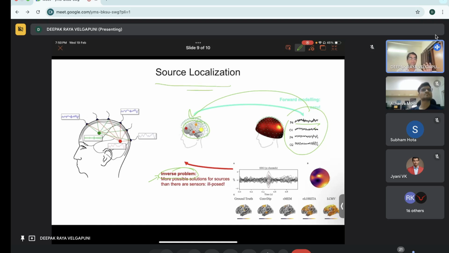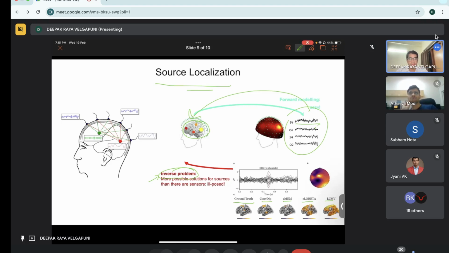That is, from the EEG time series, you are trying to find the sources of this, and there are many techniques, not one technique, and each technique gives a different kind of result, because there are inherent assumptions within them. This is just to depict, you don't have to worry about the details. So not just electrode space, we can also do source localization and find how each source is causing certain potentials.